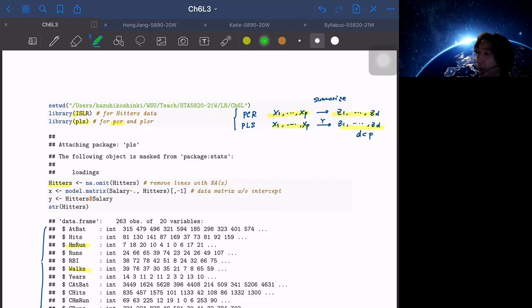For example, if the relationship between X and Y is not stable. Sometimes two variables are not stable.